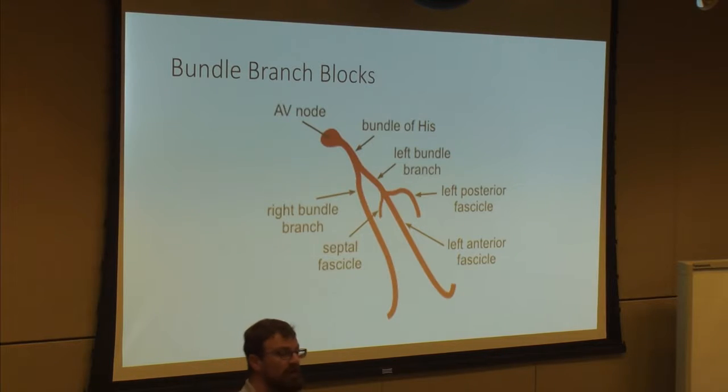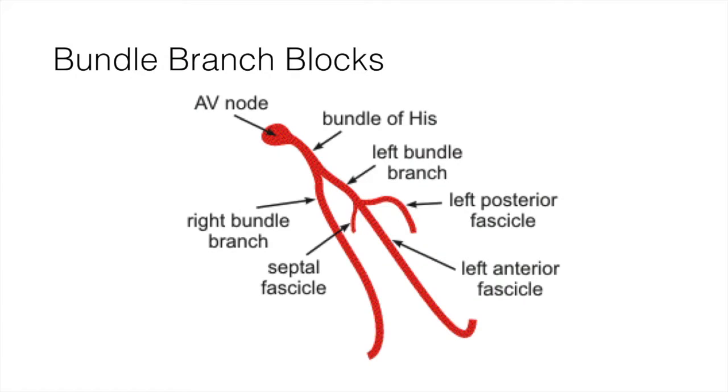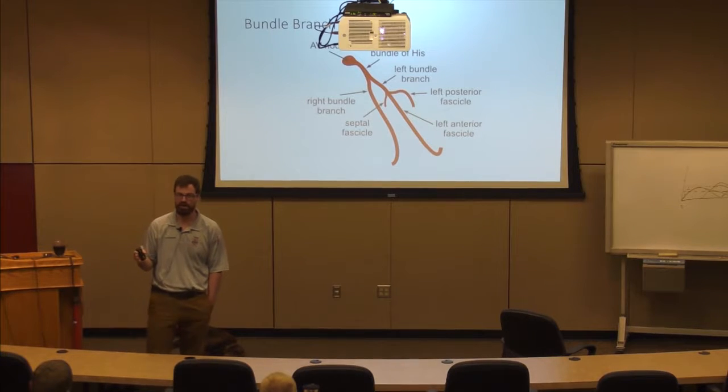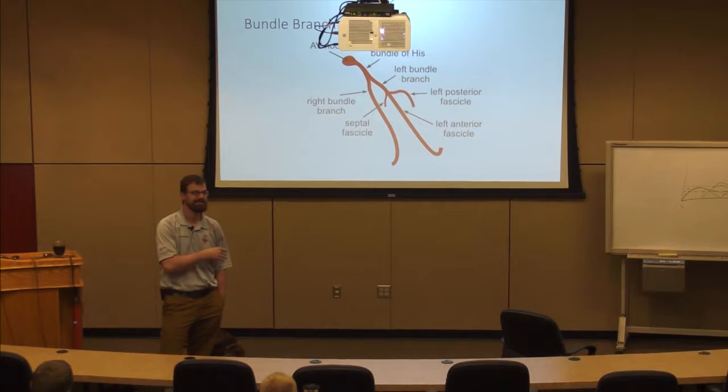So let's talk about bundle branch blocks. The reason you have to understand them is that with many of these pathologic processes, you're going to have a sinus rhythm with a wide QRS, and we see that all the time with bundle branch blocks.